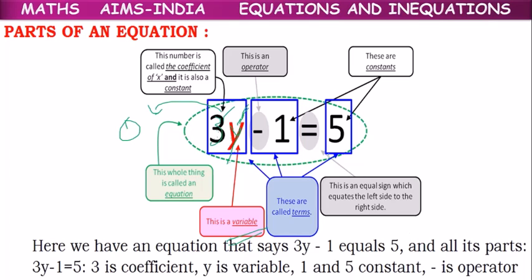But in this equation, y is open only for the value which makes the equation true. Suppose 3y minus 1 equal to 5. In the place of y, if I keep 2, 3 twos are 6, 6 minus 1 equal to 5. So y is open for the value 2 because it's an equation.